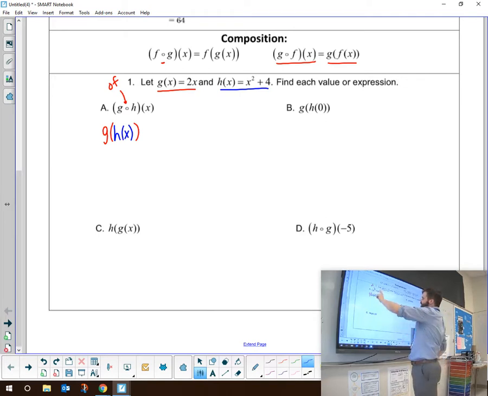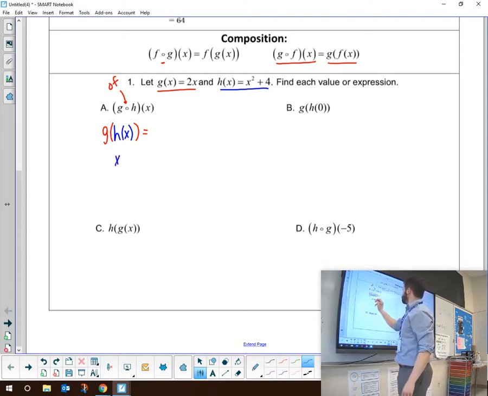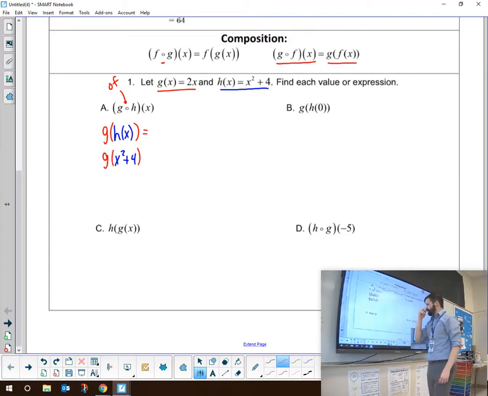So whenever we have g of h of x, we first need to figure out what h of x is. H of x is x squared plus 4. And so we're thinking, what is g of x squared plus 4?